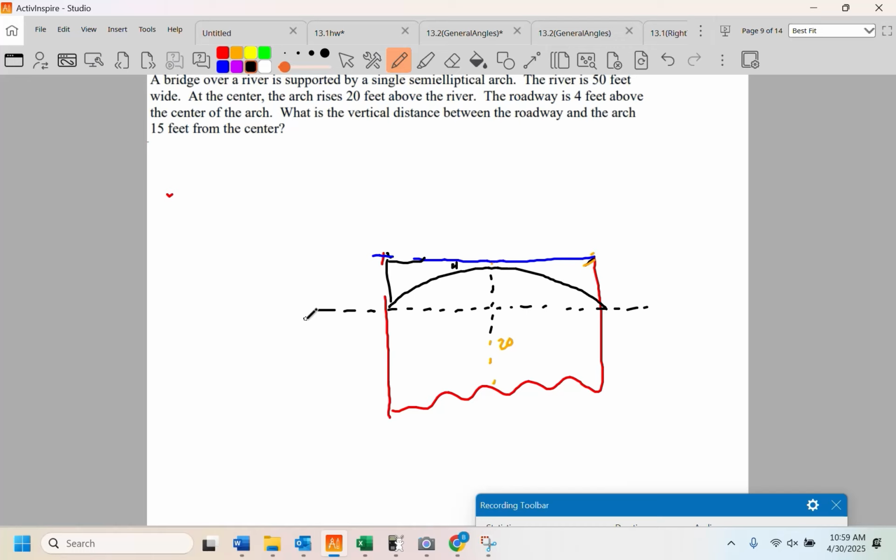So what I'm doing here is I'm centering some things and I'm thinking about it. I'm going to make this the origin. We're going to center at 0, 0. And if I do that, one endpoint of my ellipse would be negative 25, 0. This one would be positive 25, 0. So I definitely know that it's a horizontal guy, okay? At the center, the arch rises 20 feet above the river.